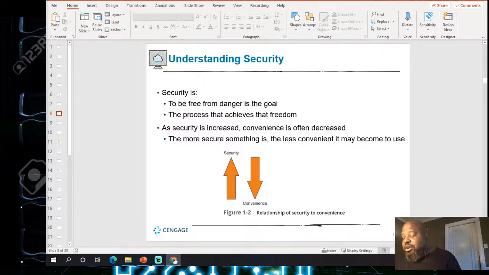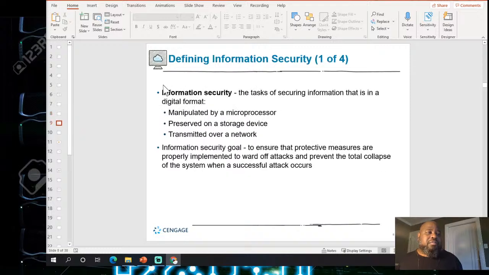I could be super secure if I unplug it from the network, but if I unplug it from the network, we're gonna make $0. More secure, less convenient. So we're trying to get that sweet spot right in the middle, super secure, but you can still do your work. That's the balance we want to provide.